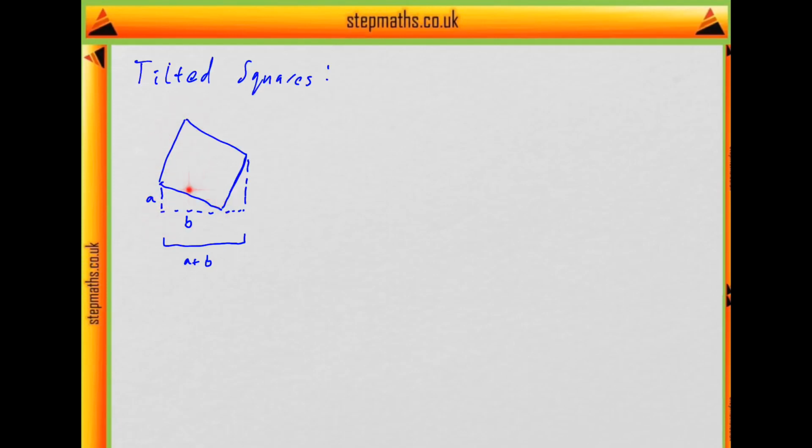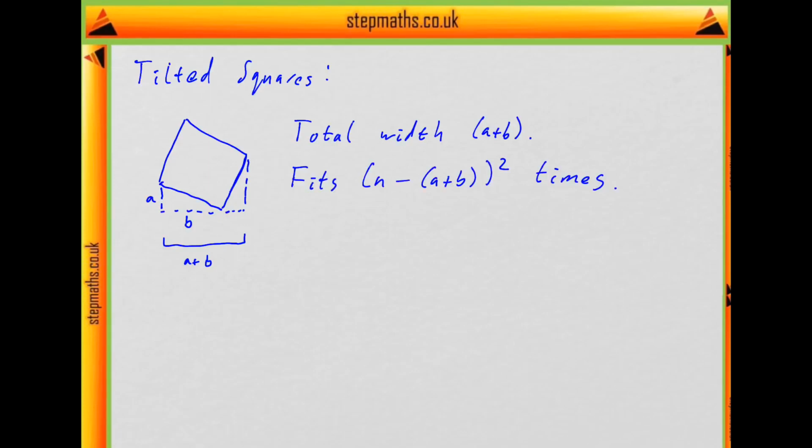So we just need to be able to fit in all the corners, and as long as a plus b is less than or equal to n minus 1, which is the width of the grid, we can fit this in. If it's strictly less than that, then the difference is how many times we can move it over, or move it up or down, and still stay in the grid. So we've got total width a plus b. How many times does it fit in? Well, when we had a vertical square of length k, it fitted in n minus k squared times.